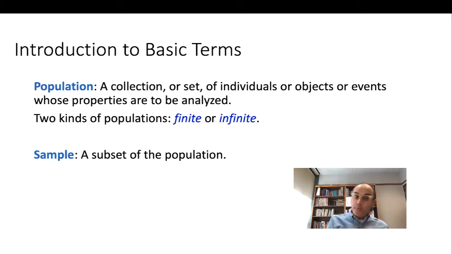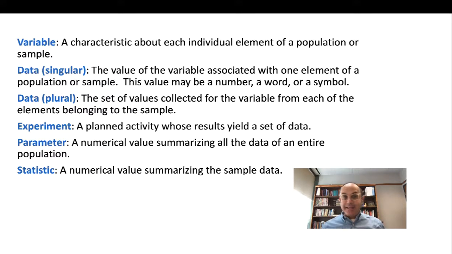So we have population versus a sample. A sample is a small group that represents the population, and a variable is a characteristic that each individual element of the population or a sample has.